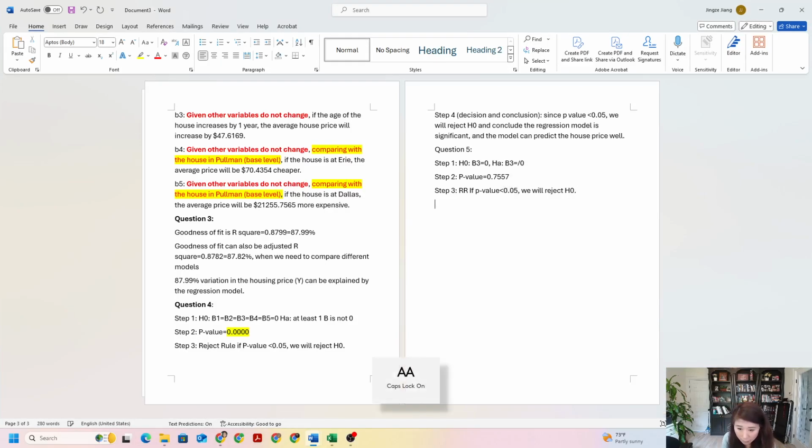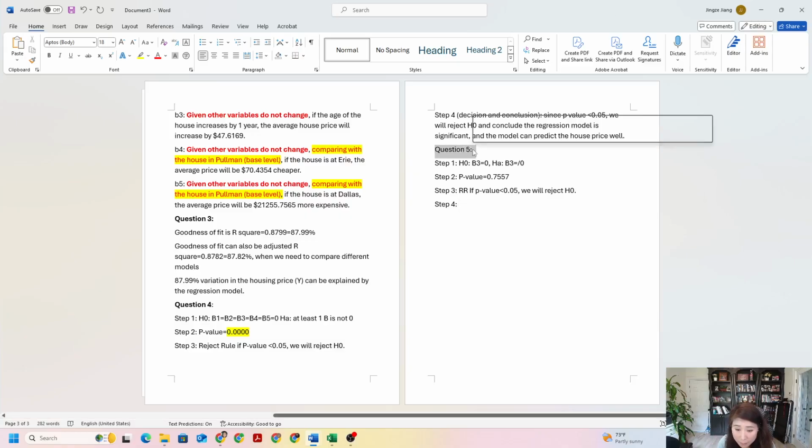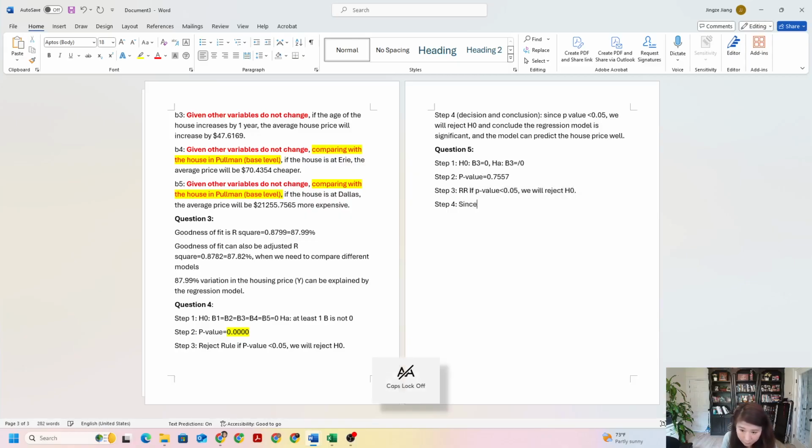And the last step, step number 4, my decision and conclusion, similar to my f-test before. For this case, my p-value is 0.7557, which is larger than 0.05. So since the p-value is larger than 0.05, we cannot reject H0.